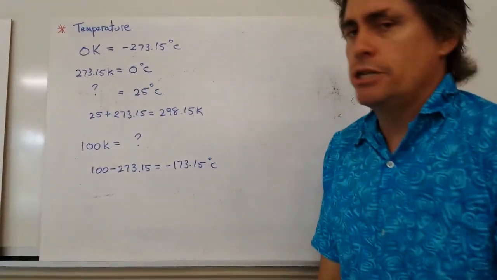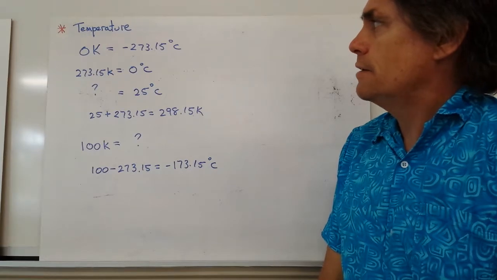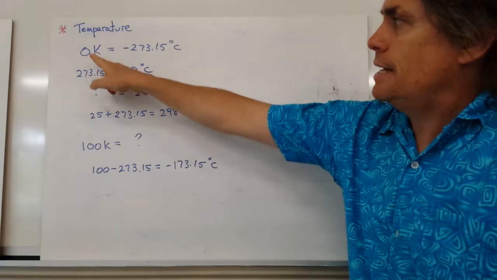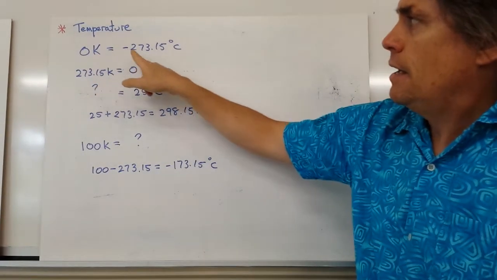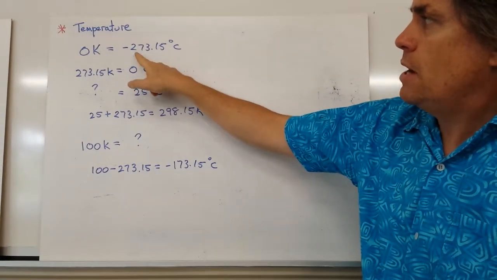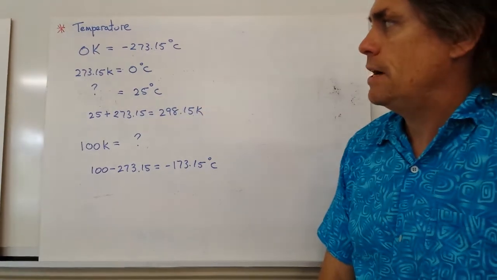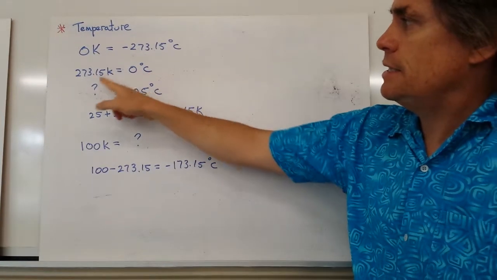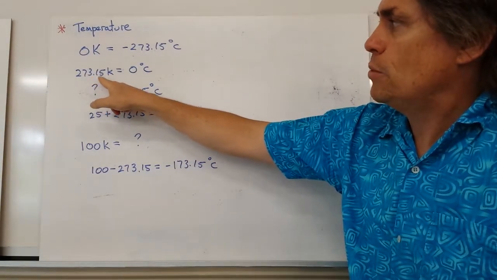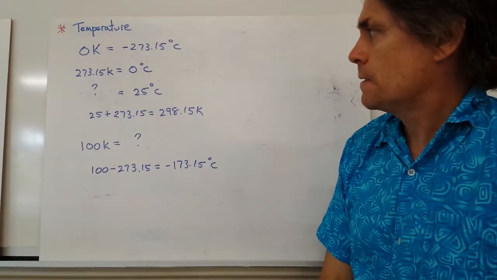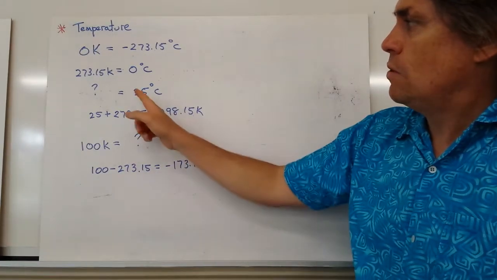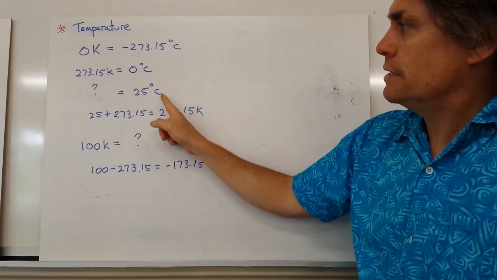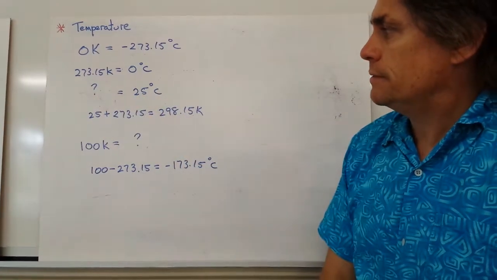So let's have a look at a temperature conversion between degrees centigrade and degrees Kelvin. Now our relationship is that at 0 degrees Kelvin, our degrees centigrade is minus 273.15. Or we could write that another way: 0 degrees Celsius is equal to plus 273.15 degrees Kelvin. So in a question we're asked for the conversion of 25 degrees Celsius to degrees Kelvin.